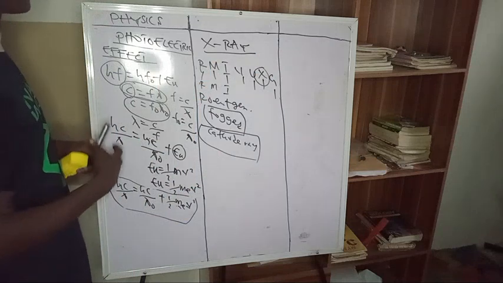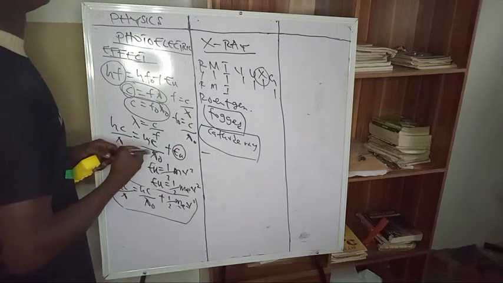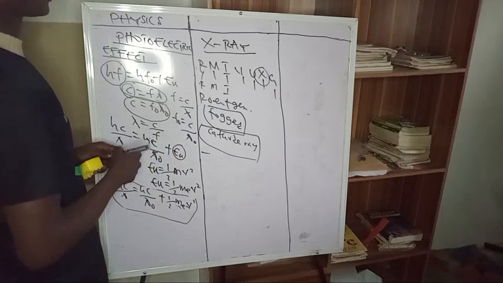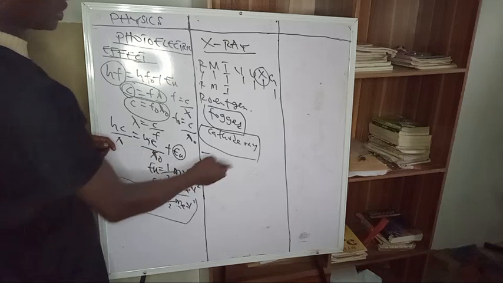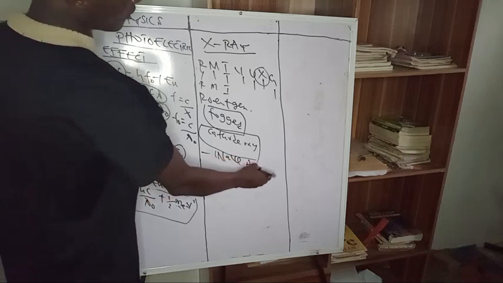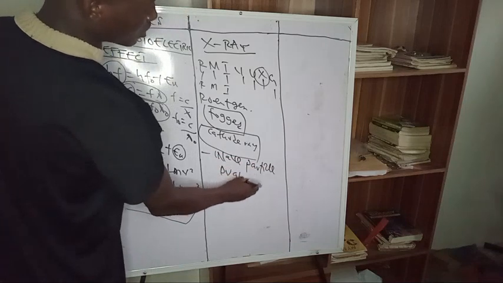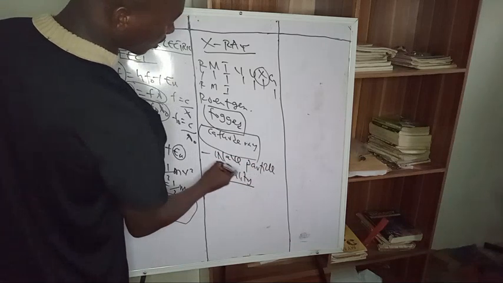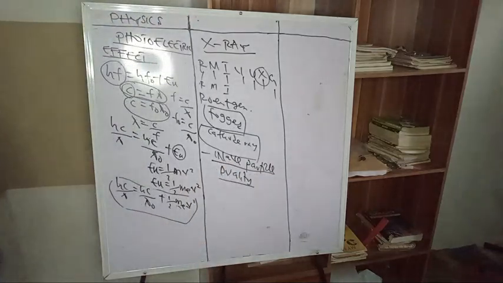Then, aside from X-ray, the other part that is very important in this aspect of quantum physics is what we call the wave particle duality. When you are talking about wave particle duality, you must have heard of the duality of matter before. What is duality? Dual means two.